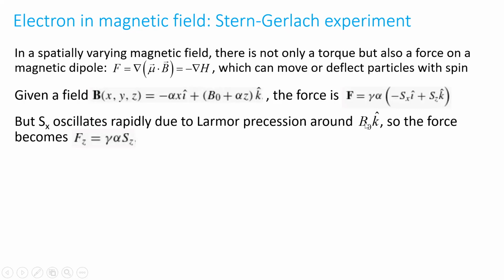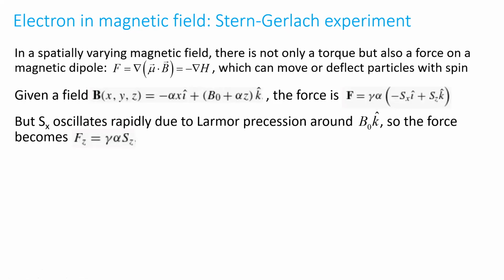So that tends to wash out the force. A time average of a very rapidly varying force is essentially 0. So we just get the last term, gamma alpha SZ in the Z direction. So we just have FZ equal to gamma alpha SZ.